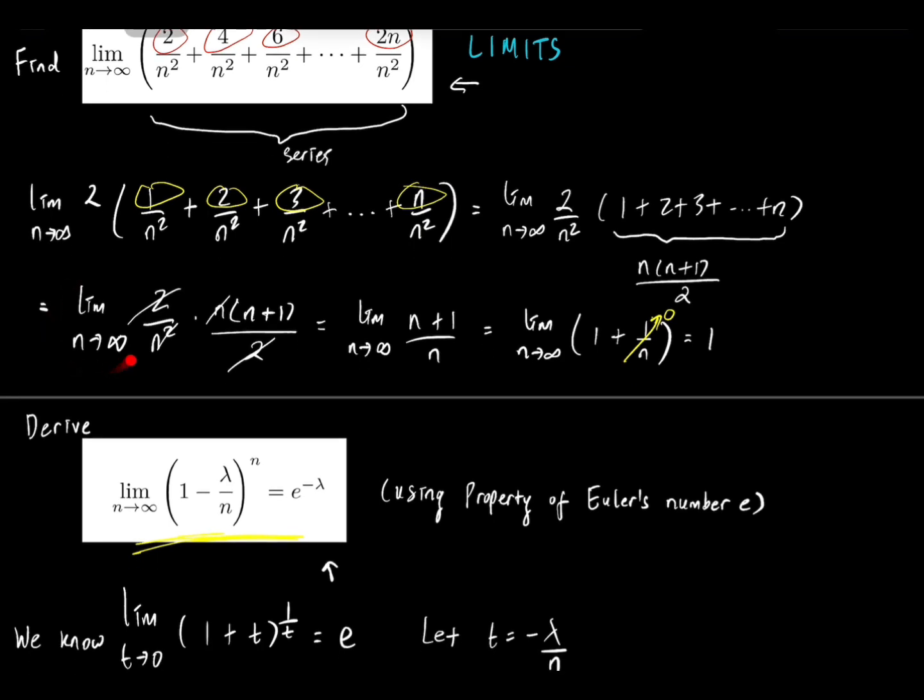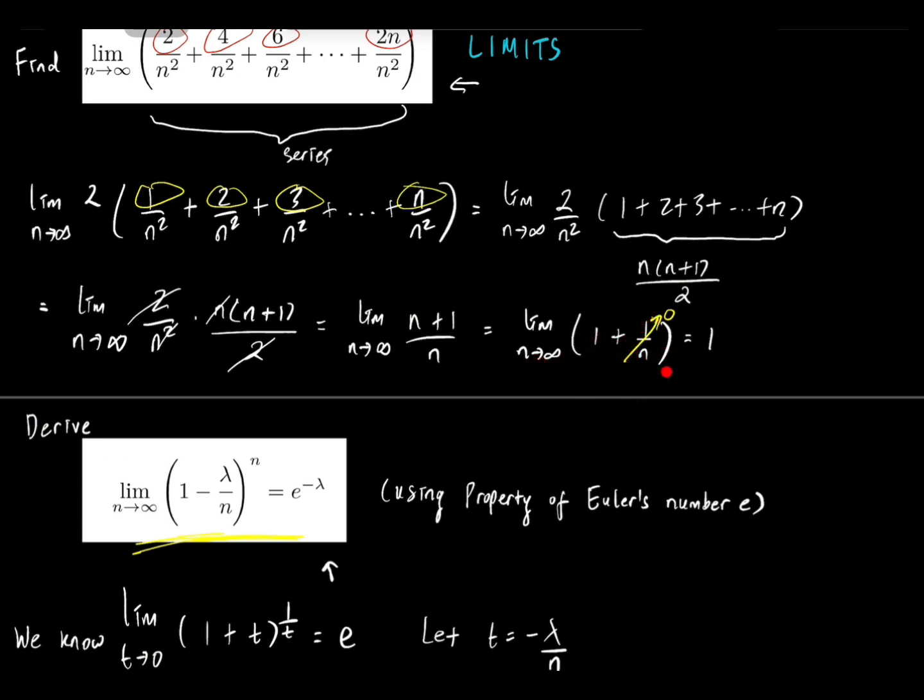So the limit as n goes to infinity of 2 over n squared, and then I'm going to just rewrite this as n times n plus 1 over 2, and then you cancel things out, and we're left with this. Then I can split them into the sum of two fractions, and I get 1 plus 1 over n.